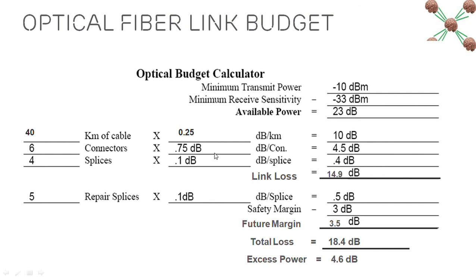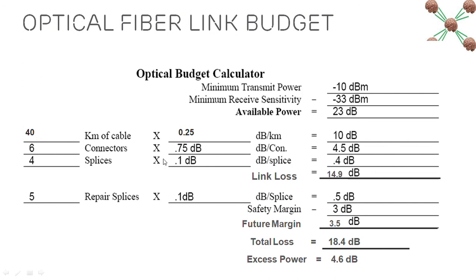But because you have some connectors as well, you will connect these fibers at some places, and we assume that you are using 6 connectors somehow, then it means you may be using 4.5 dB for connectors, because connector has a higher loss. And if you have splices, like I told you that this 40 kilometer cannot be a single fiber. For example, there are 8 kilometer fiber reels, so we make 4 splices in between.